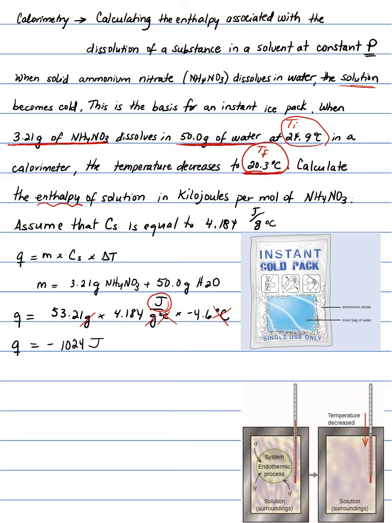So we're not done with the calculation, but I want to go over some things using this problem here as an example. This problem here is representing the dissolution of a solid in water. So you have an ionic solid right there, ammonium nitrate. There are bonds that are holding together your two polyatomic ions.